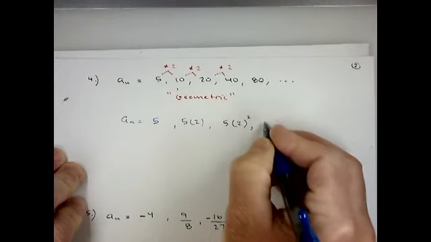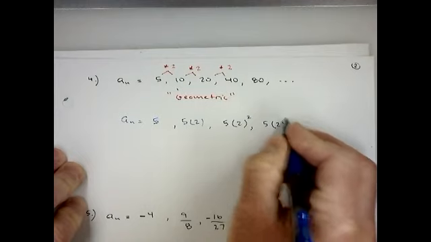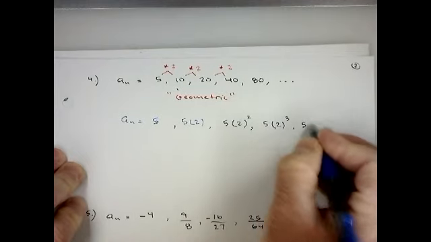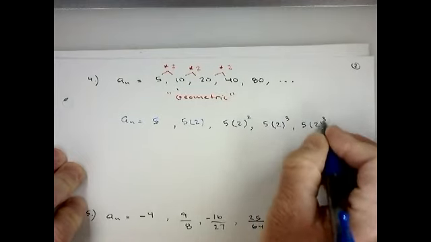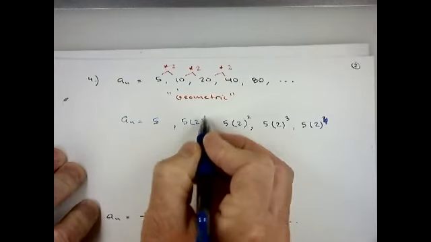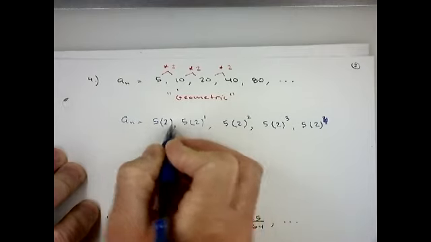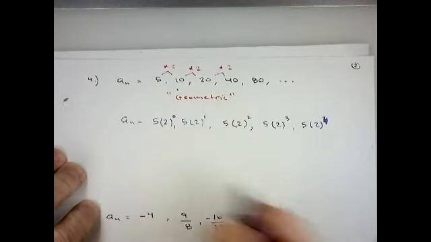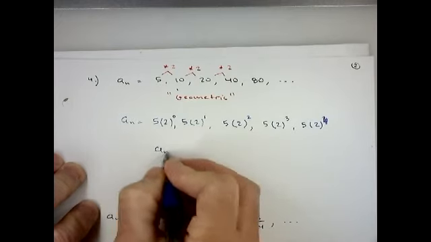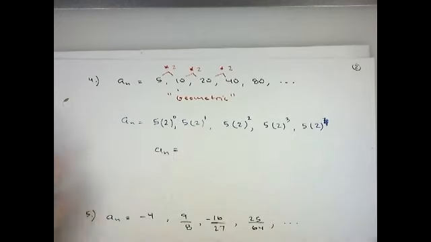To get to 40, multiply by another 2, and that's all that's happening. Whoops, this would be to the 4th power. And to make this pattern work, you could always argue that 5 is the same as 5 times 2 to the 0, right? So then I can come up with a general formula for a sub n.